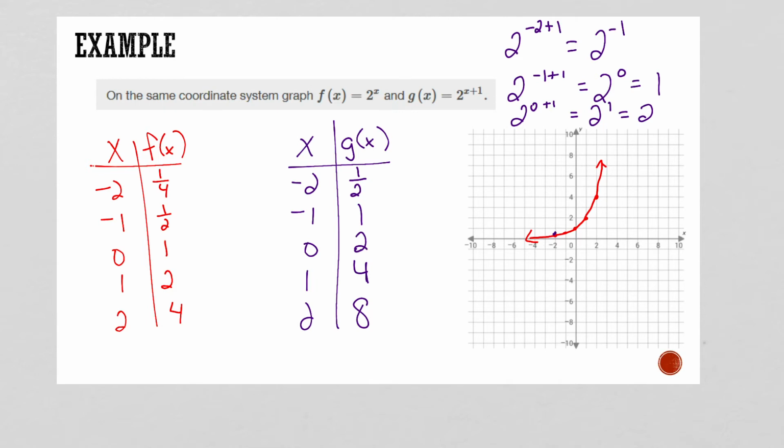Negative 1, 1. Look what that did. Now it won't go through 0, 1, will it? We had scooted it to the left, right? Okay. 0, 2, so now it goes through 0, 2. And then 1, 4, and 2, 8.